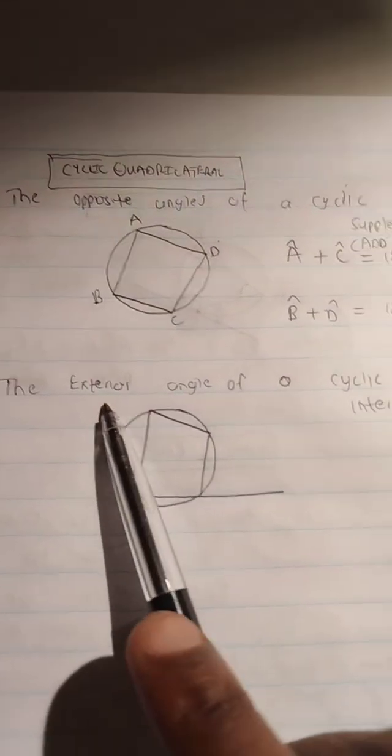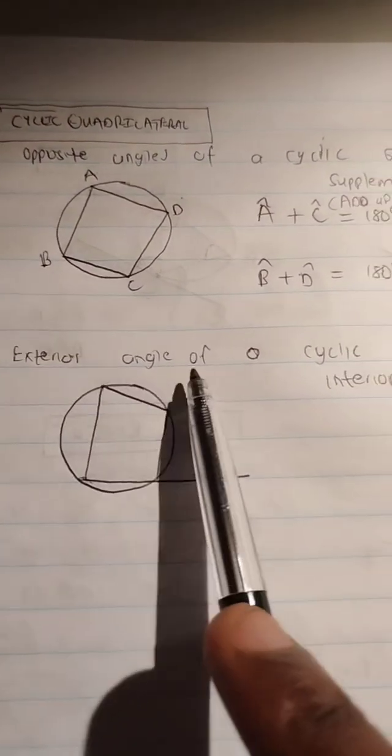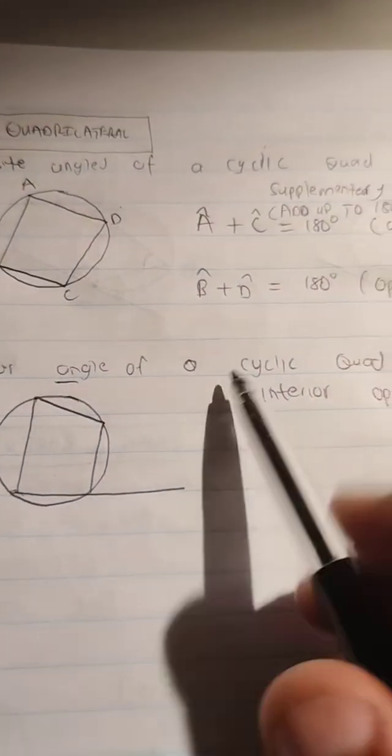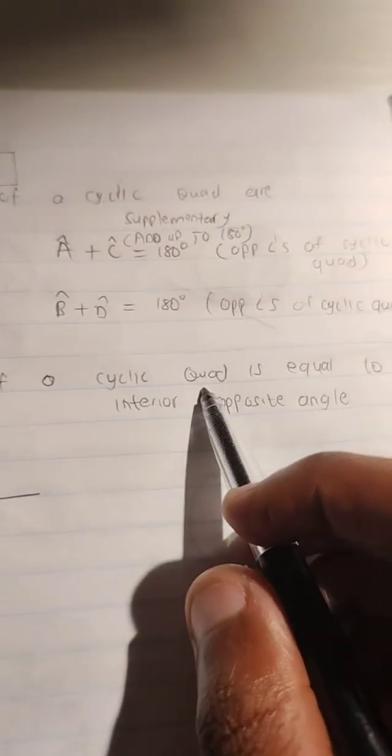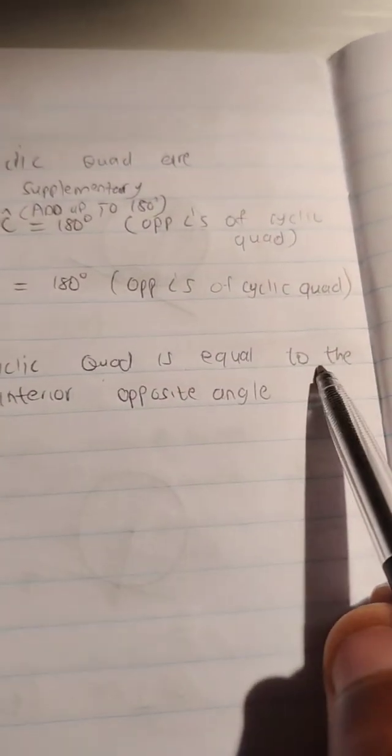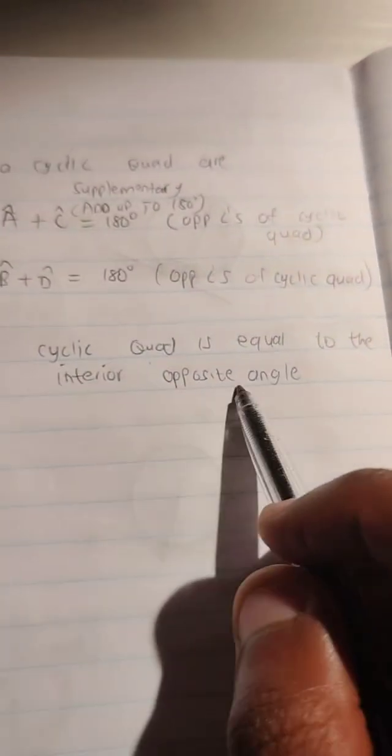Let's relook at this again. The exterior angle of a cyclic quad is equal to the interior opposite angle.